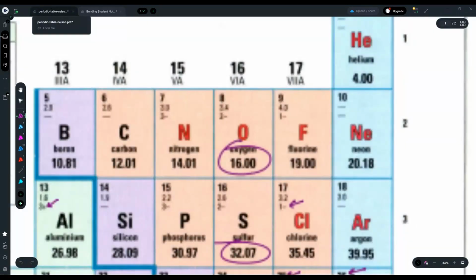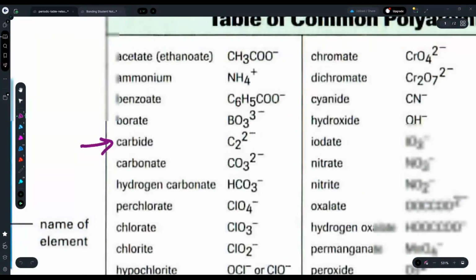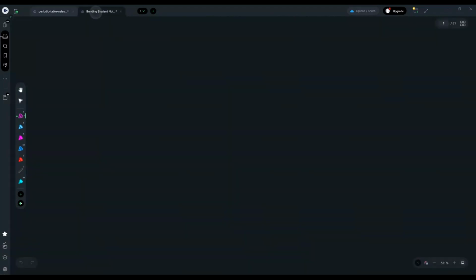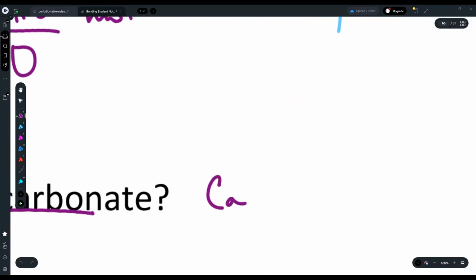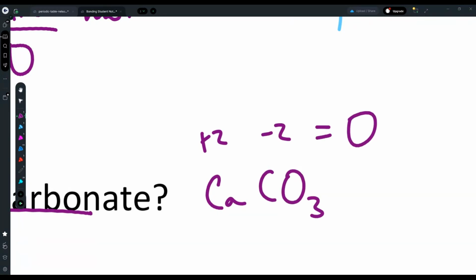For carbonate, since it ends in ATE, that's your giveaway that it's one of your polyatomic ions. So it's CO3 2-. Now, since calcium likes to have a 2+ charge and carbonate likes to have a 2- charge, that does equal 0, so we don't need to do any crisscross applesauce sort of situation here.